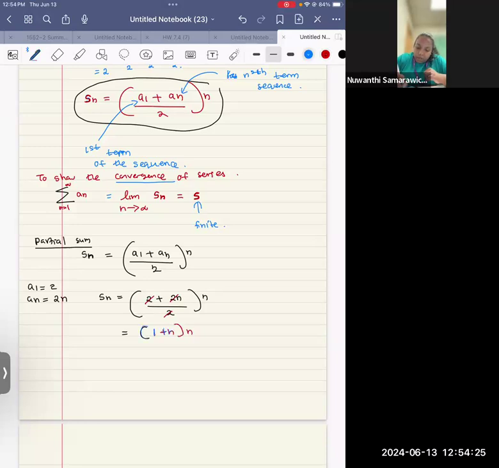Okay. So this is your partial sum of n terms. Okay. So now we need to check the limit. When n approaches infinity, what happens to your partial sum? Can you tell me what happens to your partial sum?